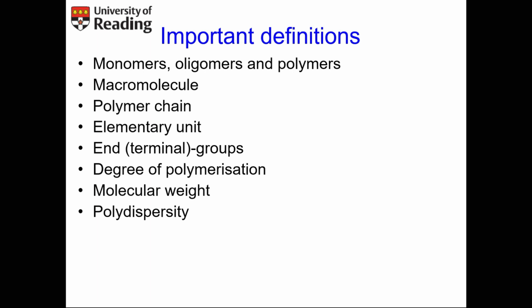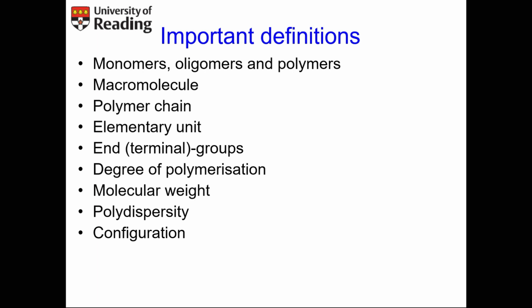Therefore, this system will be polydisperse, and polydispersity is defined as the ratio of two values, the so-called weight average molecular weight and number average molecular weight. Also, the chemical architecture of macromolecules will be defined as their configuration.